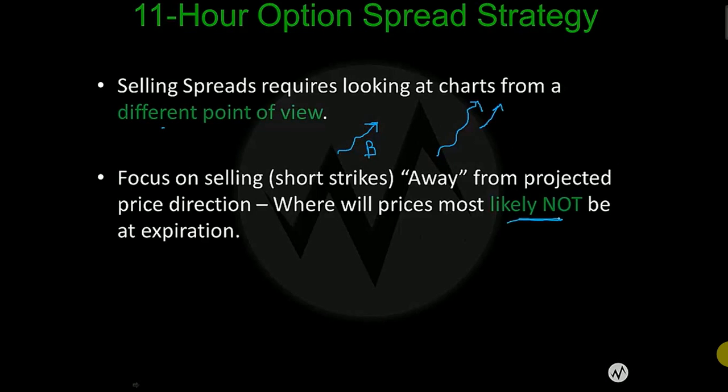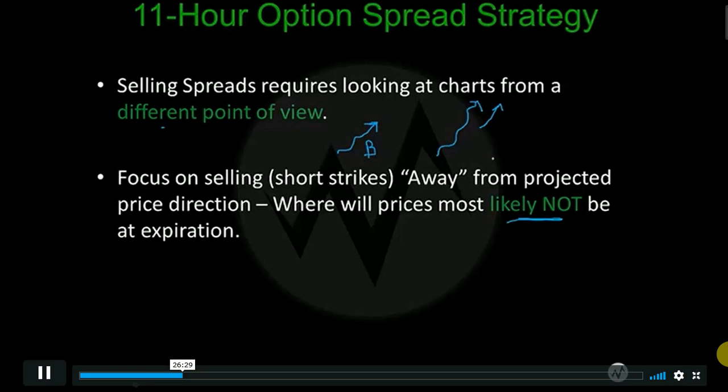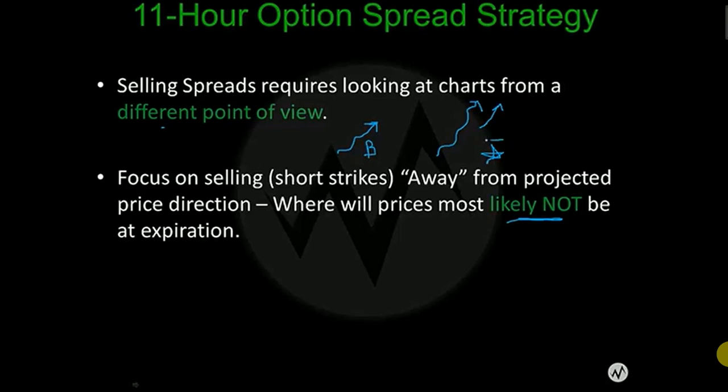It's probably not going to be down here in a couple of days. That's where you want to sell. You want to sell this to somebody because the price is going this way. The more we move away from where you sold, the more money you will have. It's a higher probability type of trade than just sitting here and buying an option. I can talk more about that later.